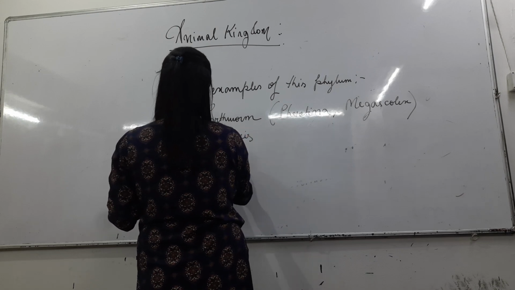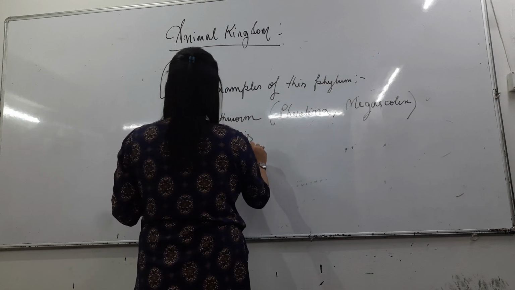Nereis, which is the aquatic annelid. Hirudinaria, which is the blood-sucking leech.